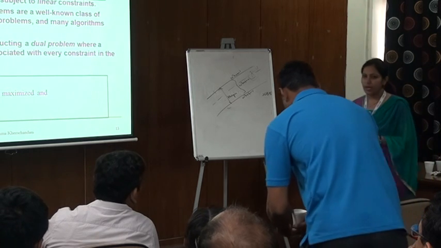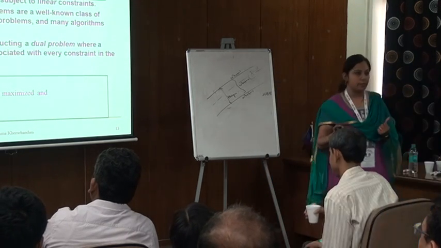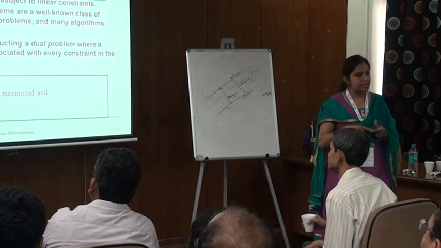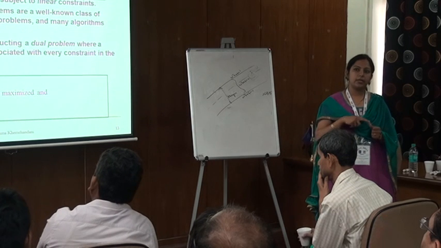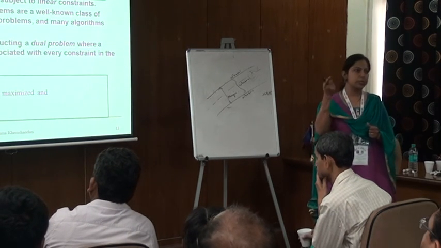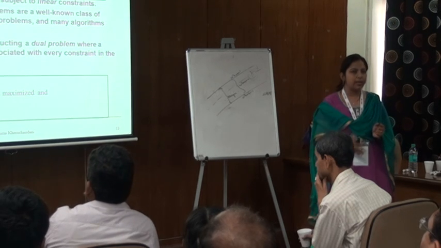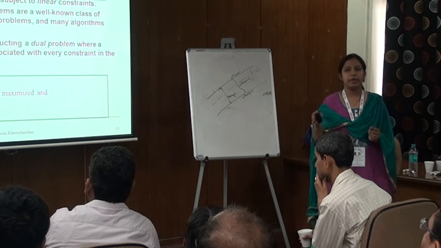So what would be the way out? You solve the dual problem. The advantage is that when you solve the dual problem, the number of variables turns out to be the number of constraints, and the number of constraints turns out to be the number of variables. So if I have 1 million constraints in my primal problem, the dual problem will have 1 million variables.